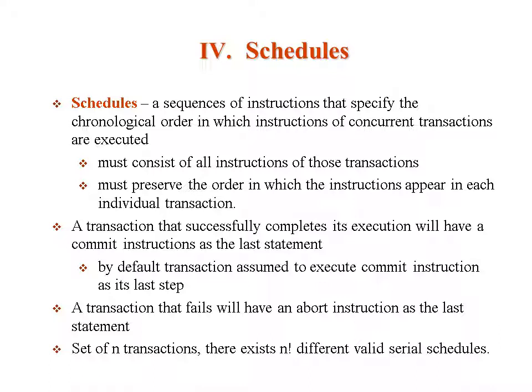They must consist of all instructions of those transactions, and they must preserve the order in which the instructions appear in each individual transaction. A transaction that successfully completes will have a commit instruction at the last statement, and the transaction that fails will have an abort instruction. You can also say if there are a set of n transactions, there exist n factorial different valid serial schedules.